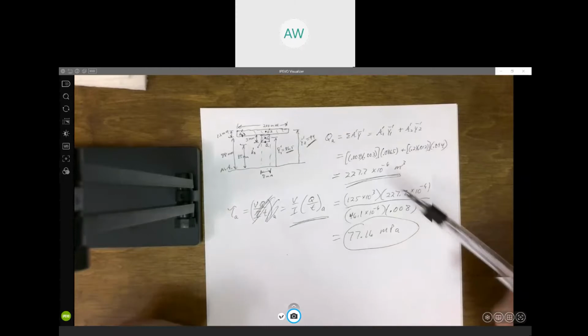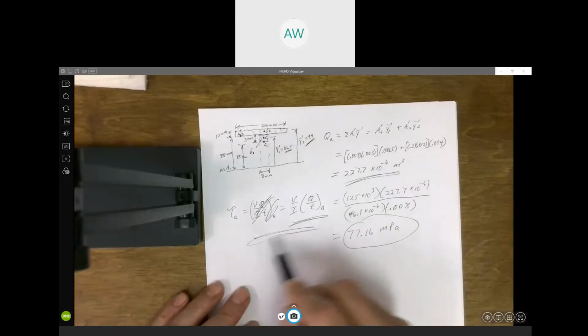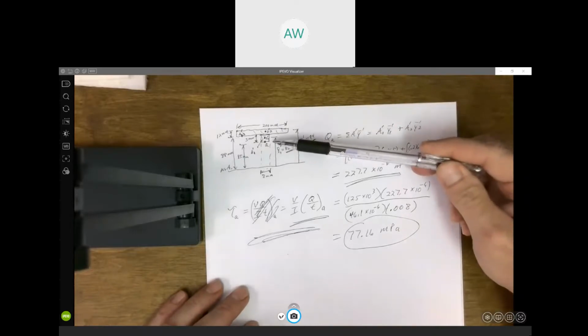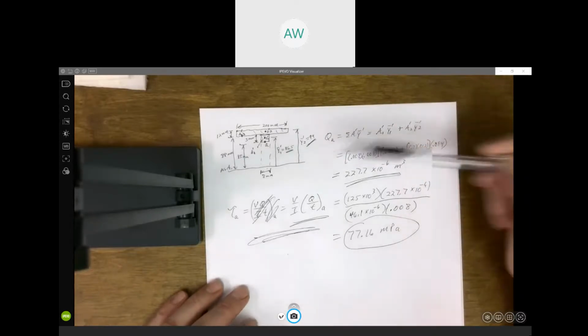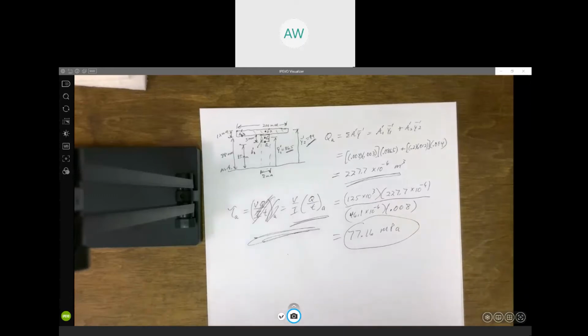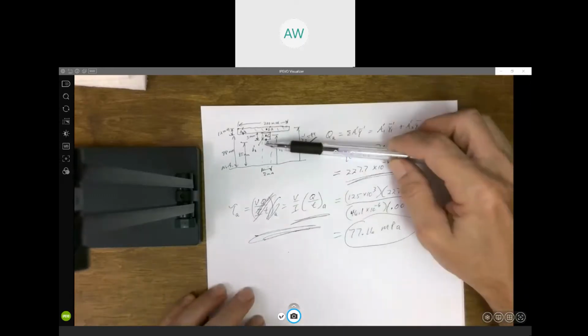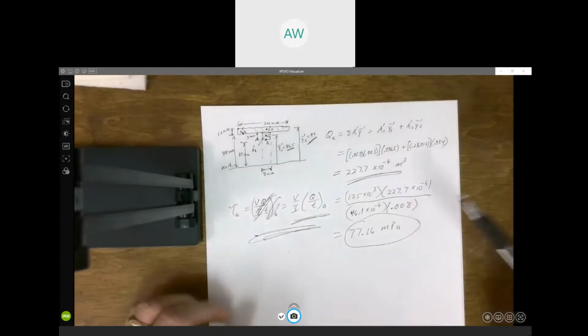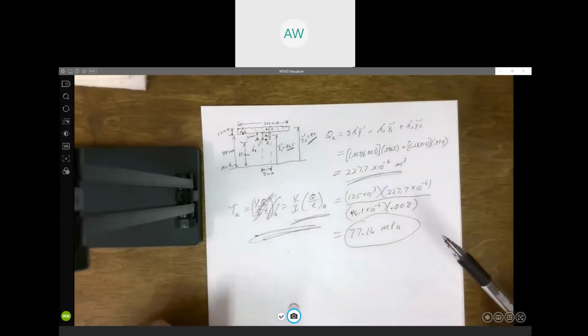When you plug in this formula, VQ over IT, that Q has got to be the Q at the location you're calculating the shear stress. In this case, at point A, you just use all the area above point A, so everything from point A up. That's how you calculate the Q. Any question about that?